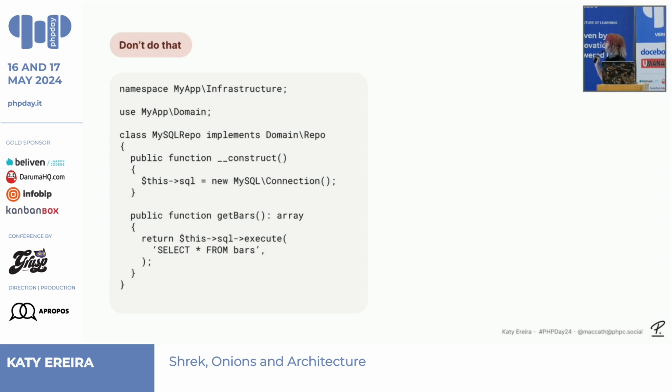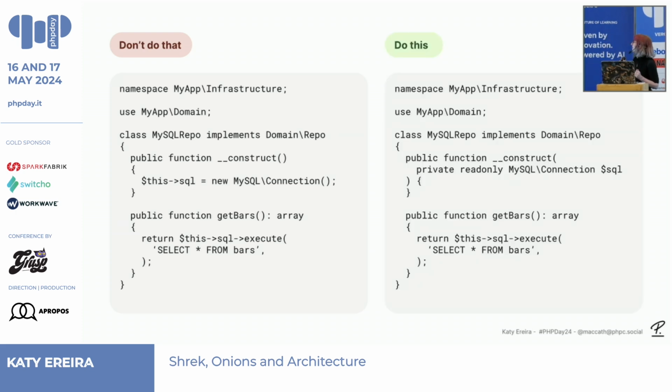Then we have something like this, which is a repository. And so, yes, I suppose it's an implementation of a domain layer repository, so it's kind of in the right place. It's in the infrastructure layer and it's referencing the domain. But it is directly calling a new connection to a database, which is bad because that is hard-coded and impossible to change. Whereas if we use dependency injection by passing in a database connection as part of the constructor, then we can technically change that implementation.